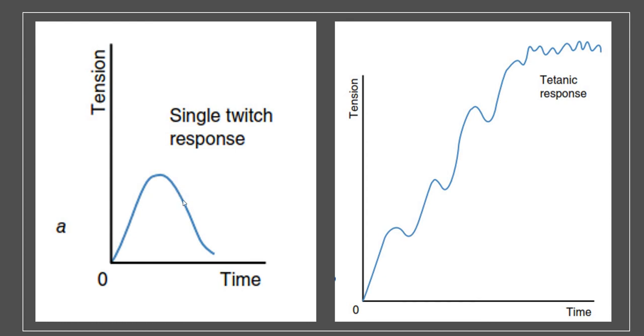So this twitch response here, let's say that's this first peak on this graph, and let's say another motor unit is recruited before we've gone into the full relaxation period, then that will increase the force output here, and then you recruit another motor unit and another until you've recruited as many as you physically can, in which case you produce what is called a tetanic response, as you can see on the graph.